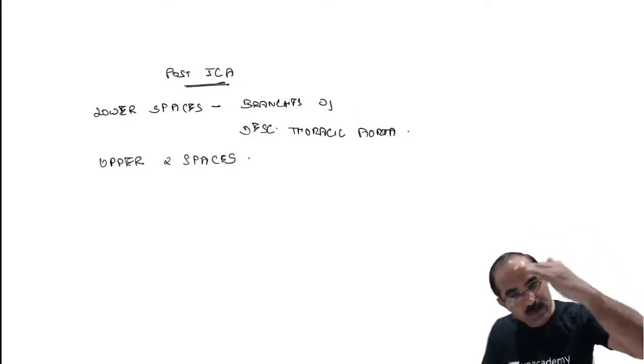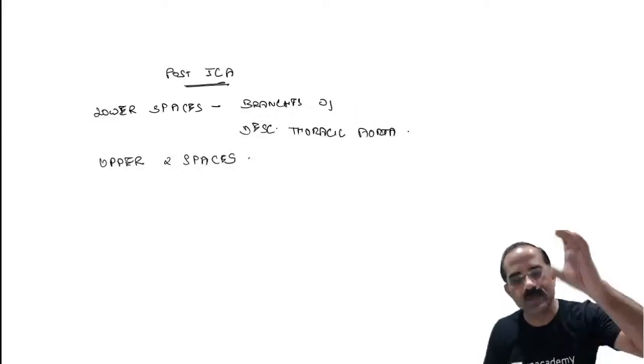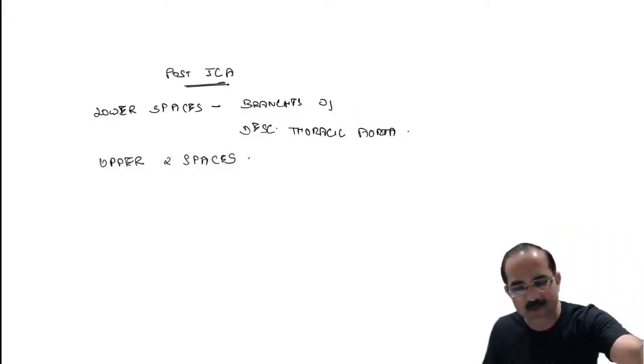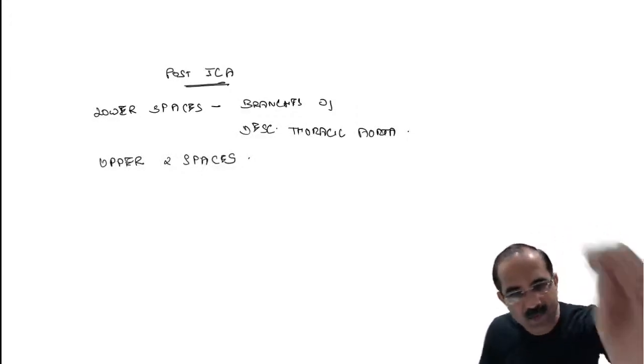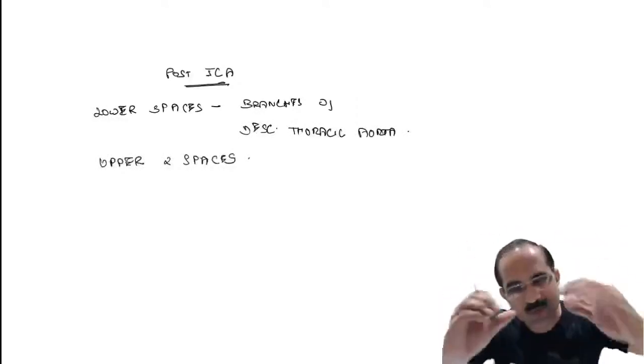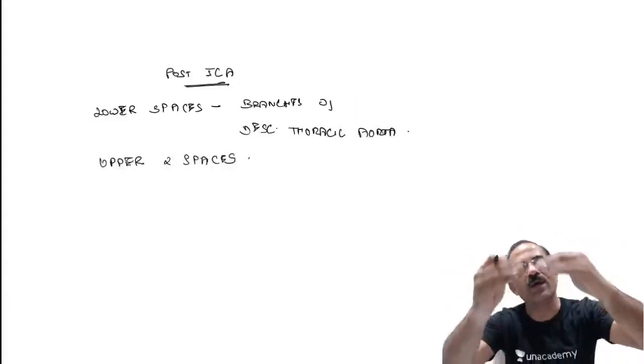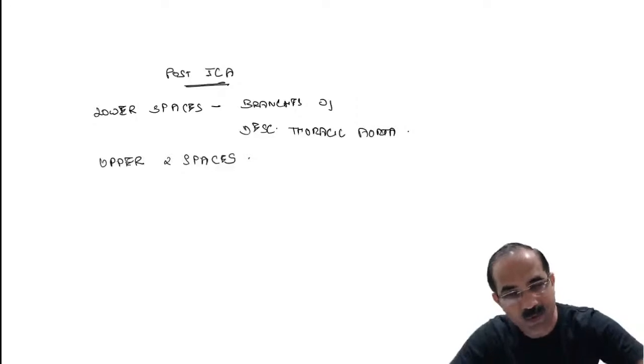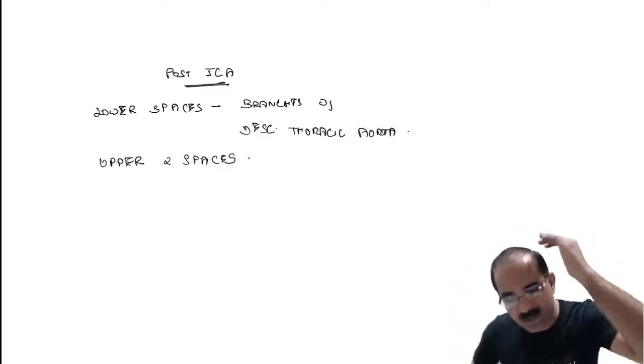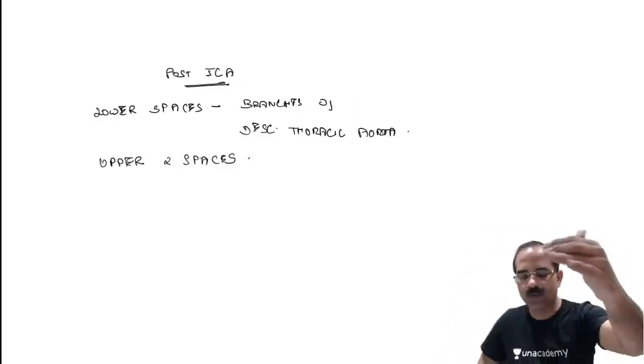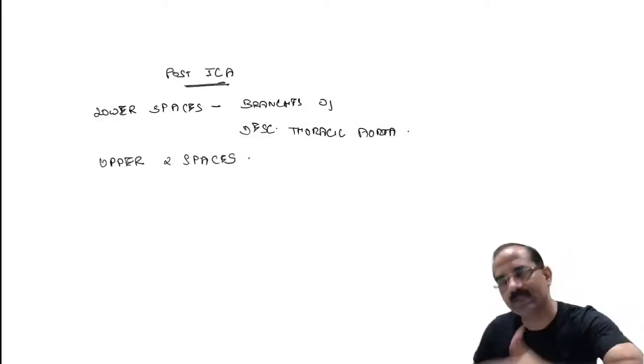So in the lower spaces, the posterior intercostal arteries are the branches of descending thoracic aorta. So अगर occlusion होता है in the descending thoracic aorta, which arteries are going to be involved? The lower posterior intercostal arteries below second level, below the second.